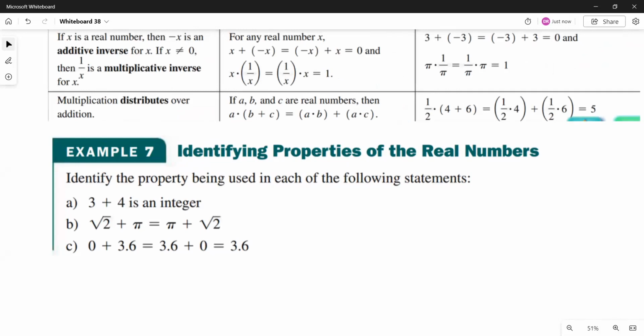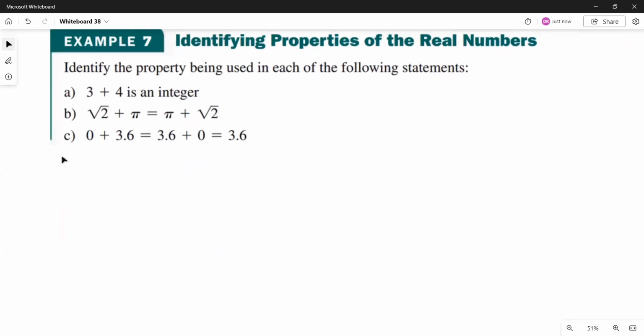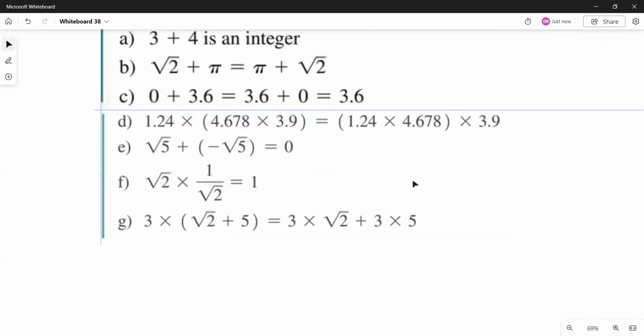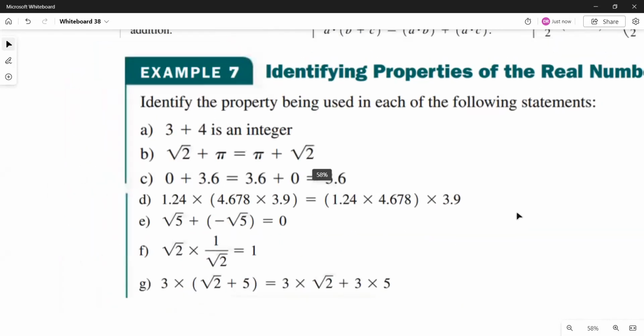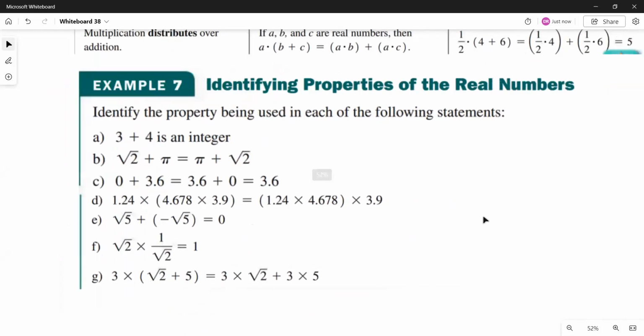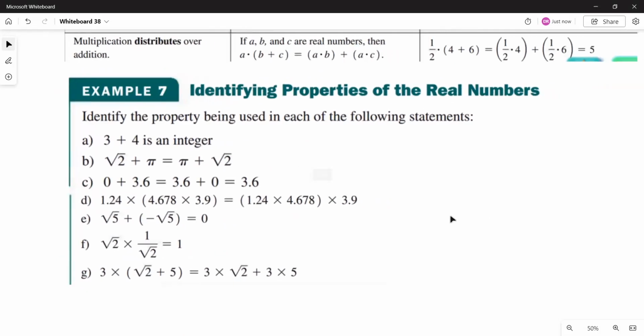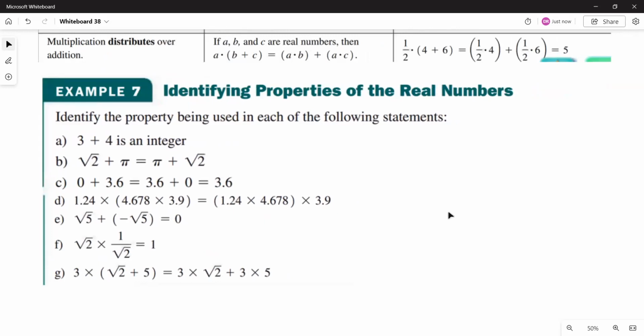We have 7 more. We're going to identify the property being used in each of the following statements. That's example 7 on the same pages, starting on page 277 and page 278.